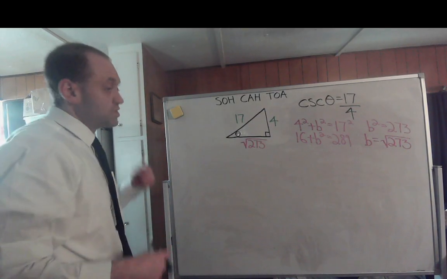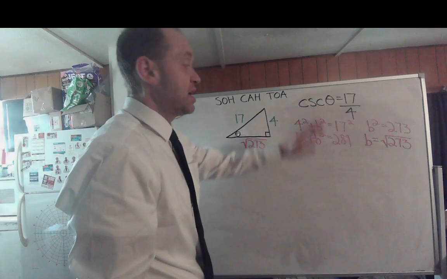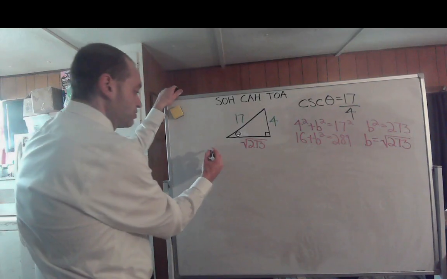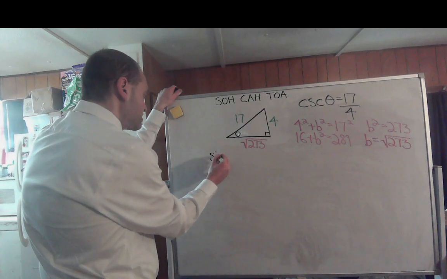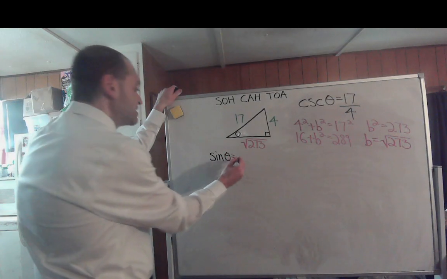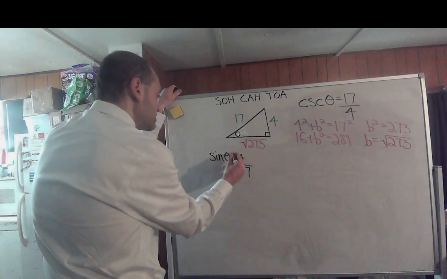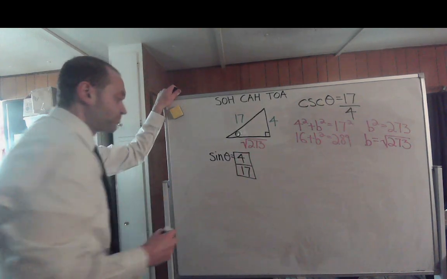Okay. So we're given the cosecant, so that means we could pretty easily find the sine of theta because that's just the reciprocal of the cosecant. So since it's the reciprocal, that means the sine would end up being 4/17. So that one's not so bad.